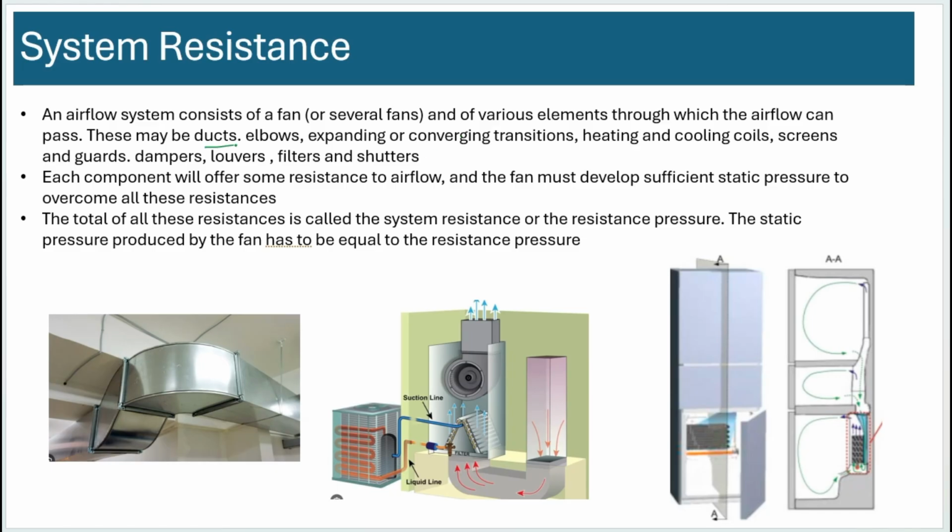These could be ducts, elbows, expanding or converging transitions, heat exchangers, basically heating and cooling coils, air filter screens, guards. So there's a lot of pressure dropping devices through which the flow has to pass, right? You can see some examples here.